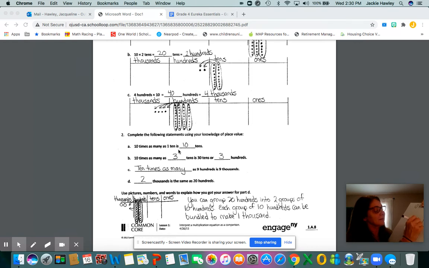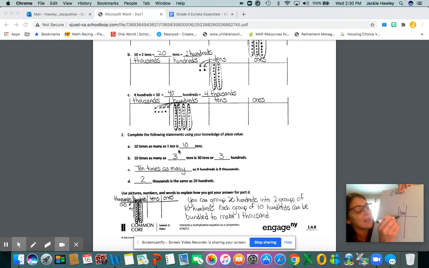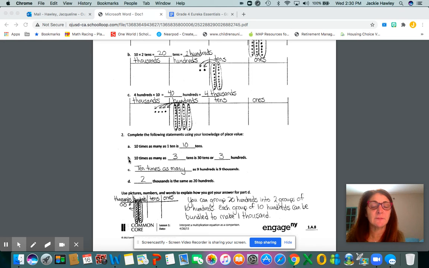These are my tens. If I have 10 times as many as 110, here's 110, but I have 10 times as many. 10 times as many as 110 is how many tens? Confusing, I know, but with more practice, it gets easier, I promise.